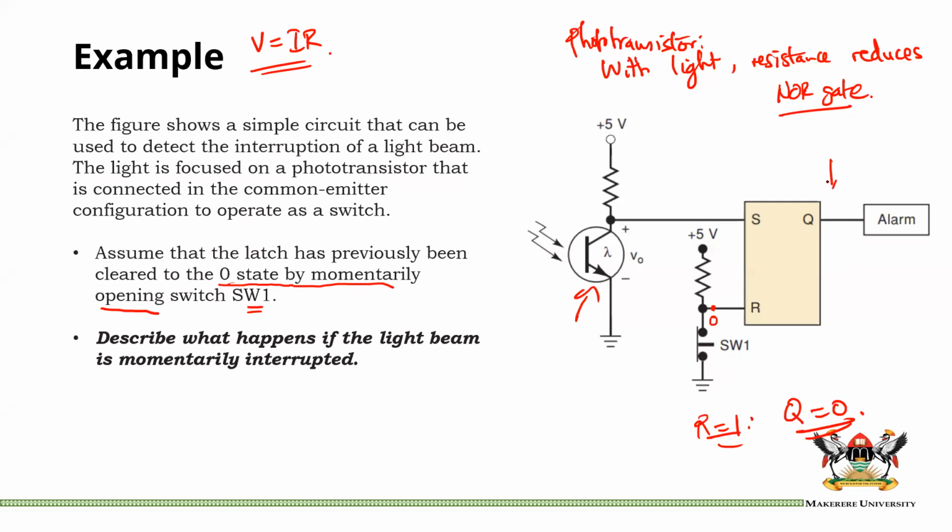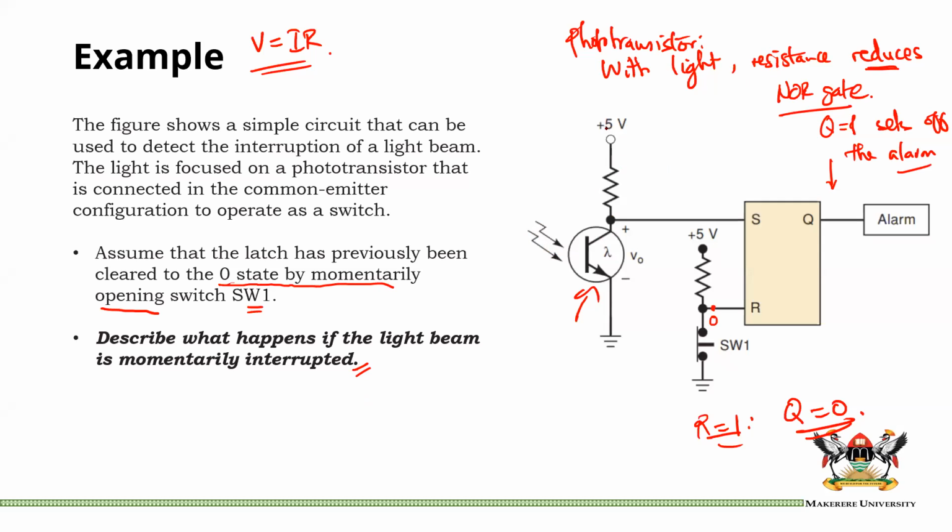Now you look at this, Q is connected to the alarm. Q is active high. So that means that Q equal to 1 sets off the alarm. So if Q is 0, there is no alarm. So they want you to describe what happens if the light beam is momentarily interrupted. Now, when there is light here, we have said that the resistance will reduce.